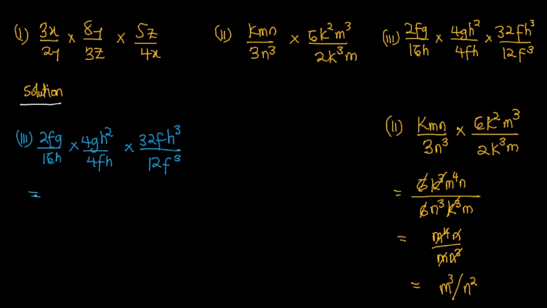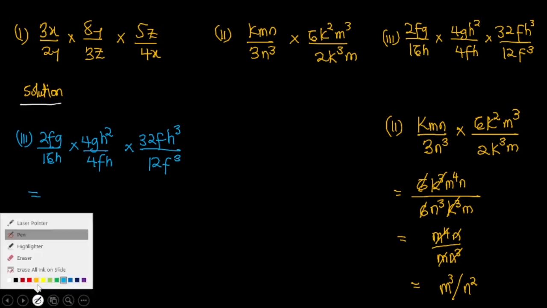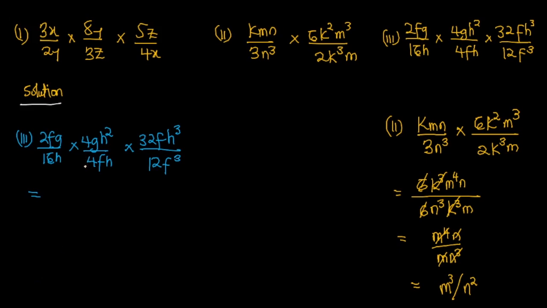We can start off by cancelling so that it makes things easier for us. So let's do the cancellation. So this 4, let me use another color. Alright, so the 4 here can cancel the 4 over here. Then the 16 over here can go into itself 1. It will go into 32 here 2 times.